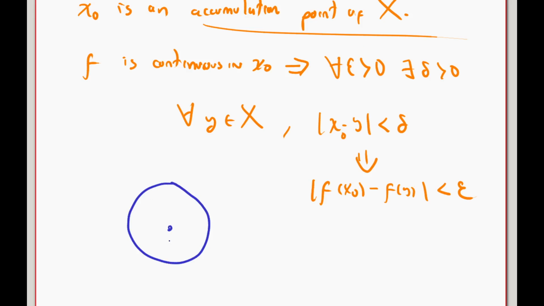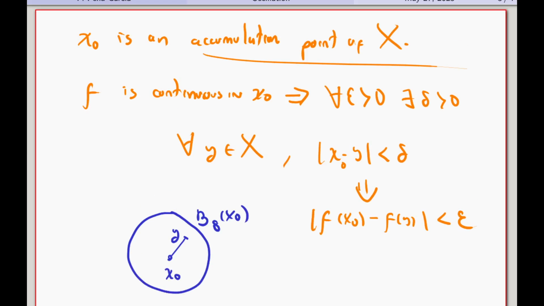So this is x naught, and we say that if y is in this ball, then the distance between f of y and f of x naught is smaller than epsilon.